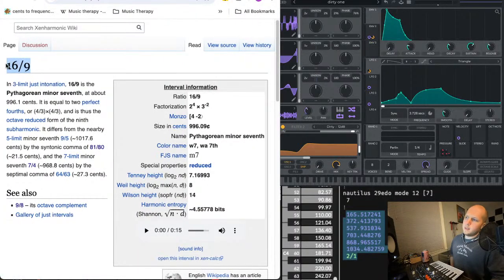So they're always numbers between 1 and 2. If it's subharmonic, you flip the fraction, so it's always going to be between, I think, 1 and 1/2. I think that's the way that works.